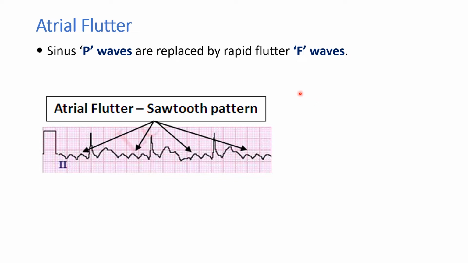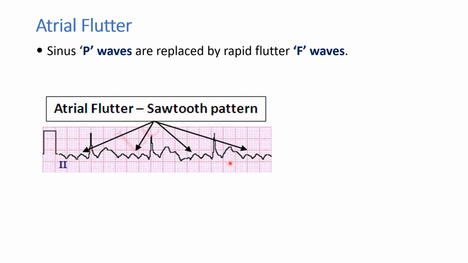Okay, let's discuss one by one. First one is atrial flutter. In atrial flutter, sinus P waves are replaced by rapid flutter waves. Normally, flutter waves are denoted by the capital letter F. Atrial flutter is a reentrant rhythm.